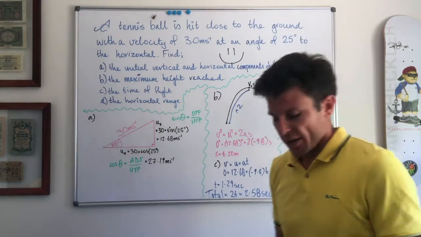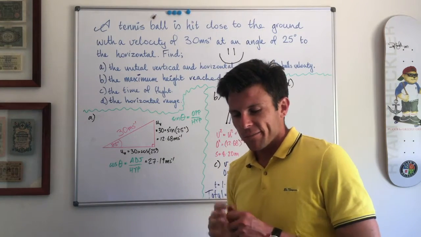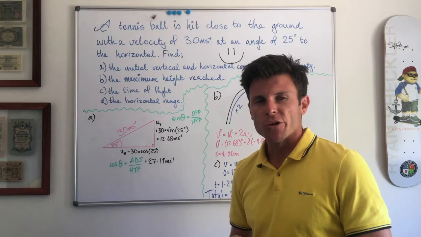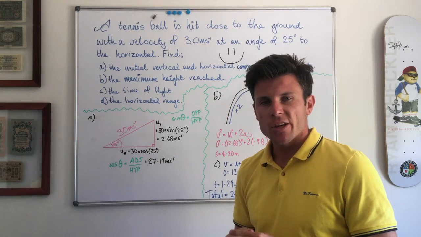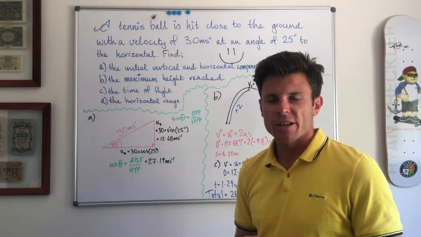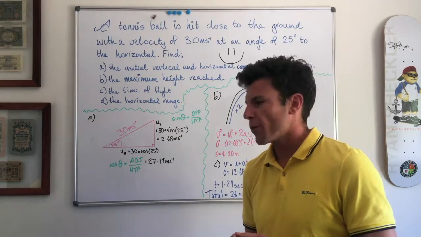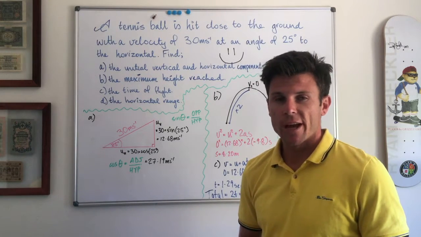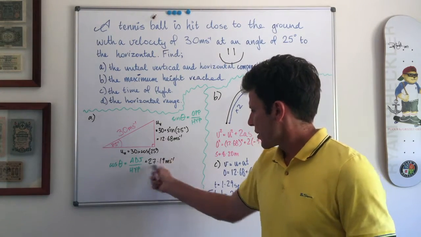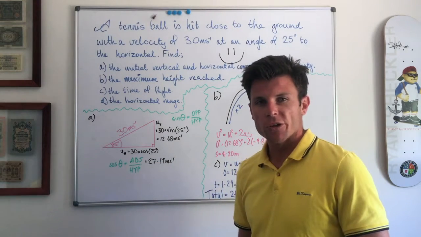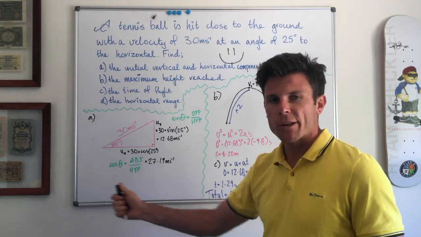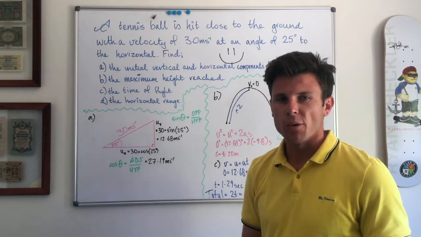The horizontal range. Now, one of the other key components of parabolic motion is that the velocity in the horizontal direction is constant. So if we disregard air resistance, this initial horizontal velocity component is going to carry through for the entire range of the ball.